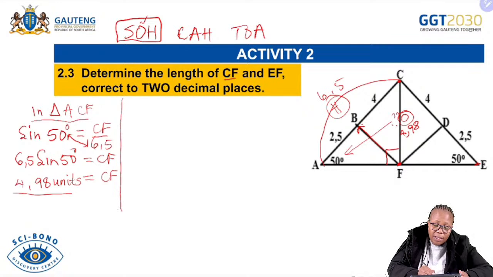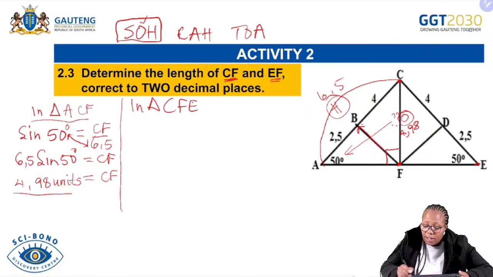And then secondly, we need to find the length of EF. EF is in triangle CFE. And then now let's look at the side that we are going to calculate. Okay, we want EF, which is this side here. And then in reference to our angle, this side is an adjacent side.